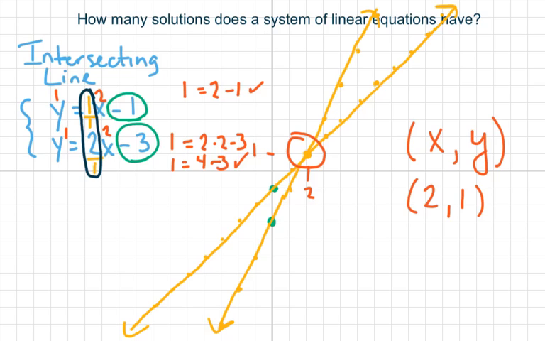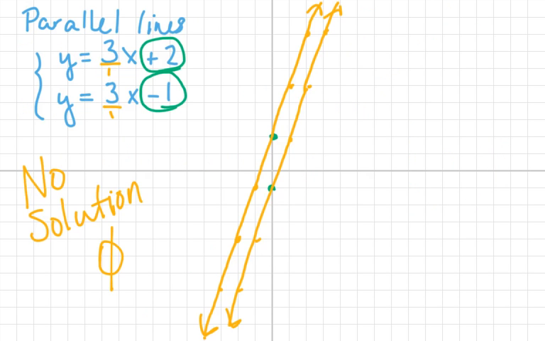When the slopes are different, that means the two lines are going to intersect. If you take a look at parallel lines, and I circle the slopes, they are the same. When the slopes are the same, we might have parallel lines.